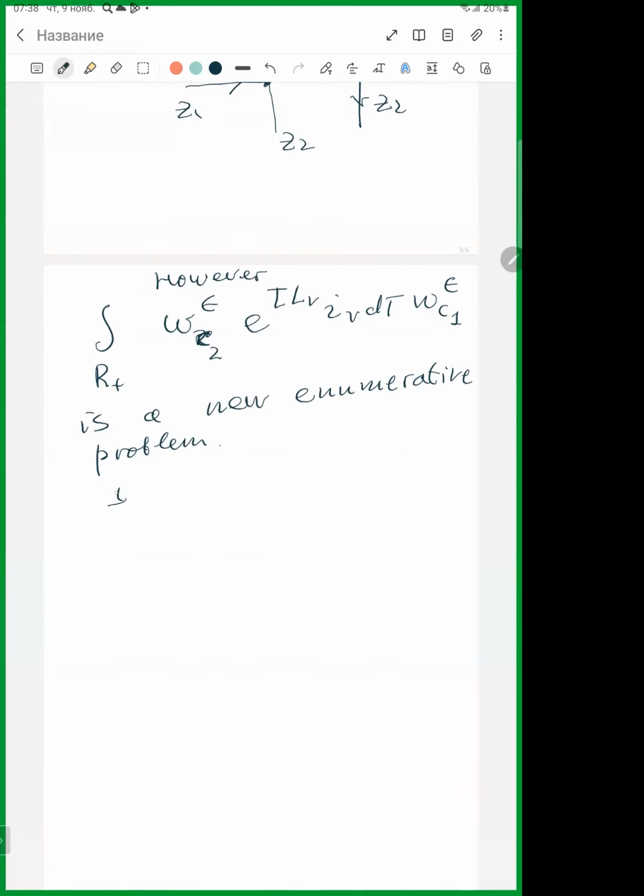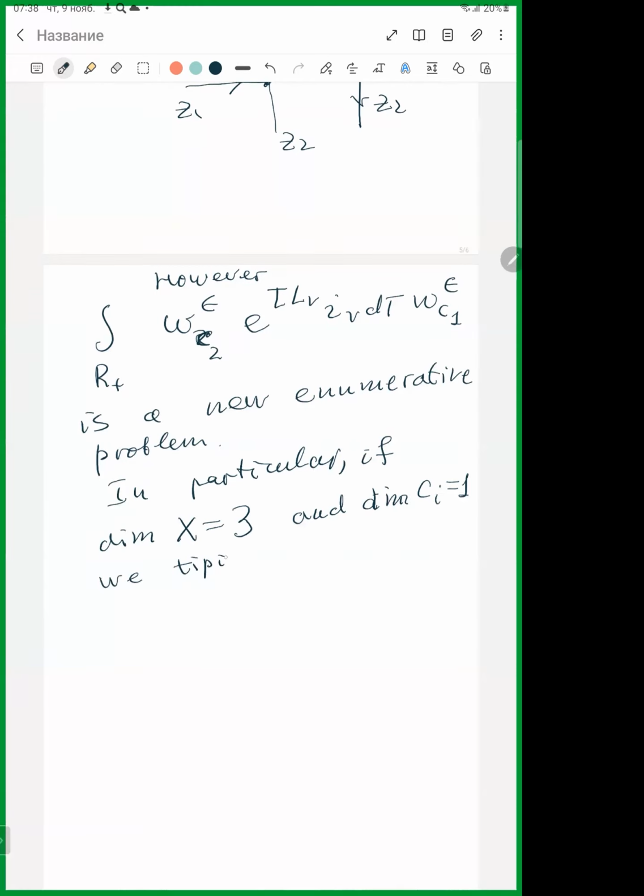In particular, if the dimension of x equals 3, and the dimension of ci equals 1, we typically have a non-zero answer.